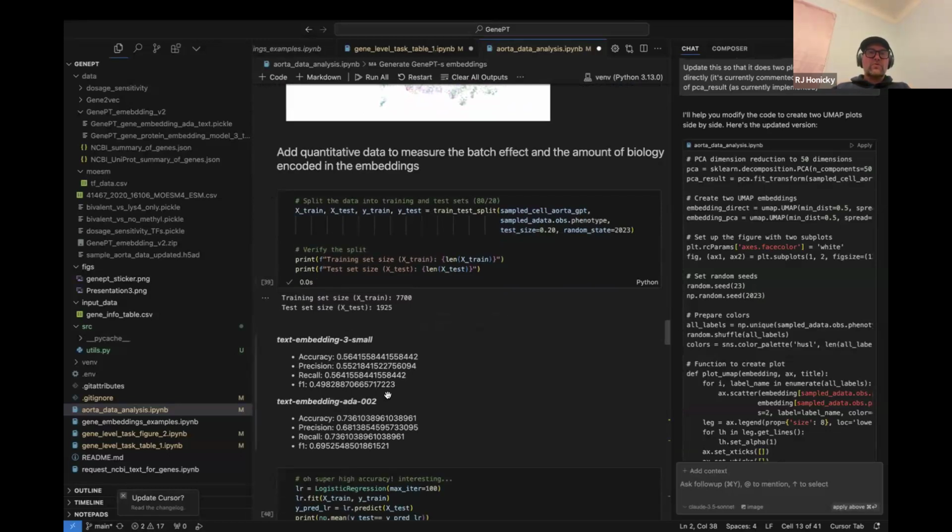Actually the performance was really poor comparatively, right? So something about the ADA embedding, presumably this was a distillation or something, and they probably lost scientific literature or gene codings, or I don't know what they lost, but this model does way worse. So I found that to be quite interesting too.